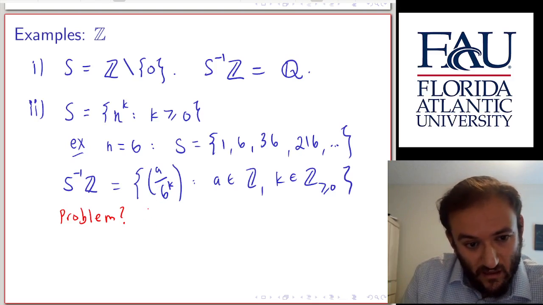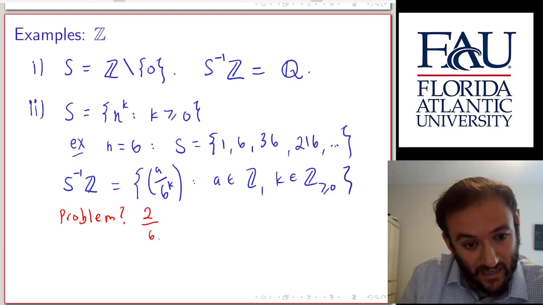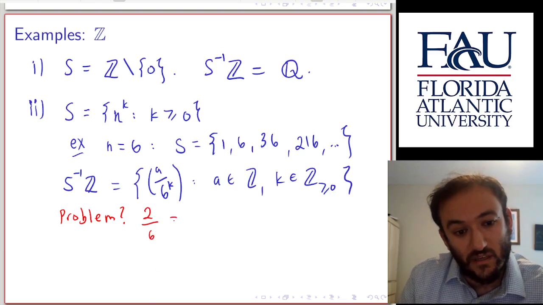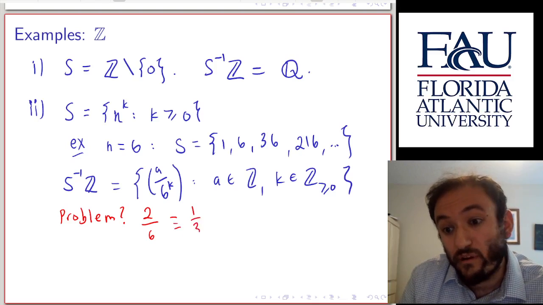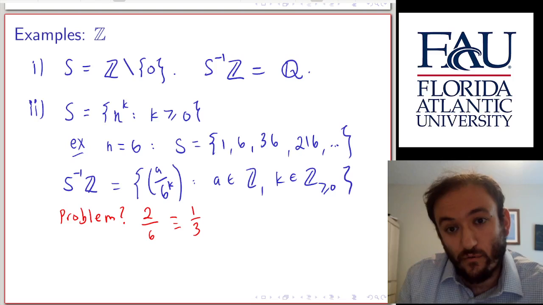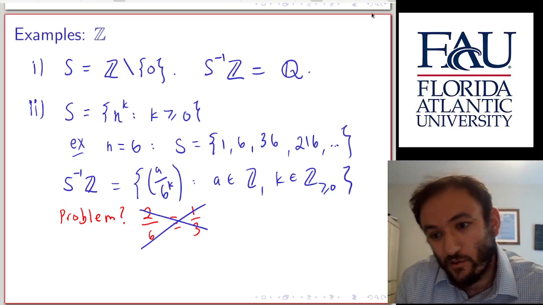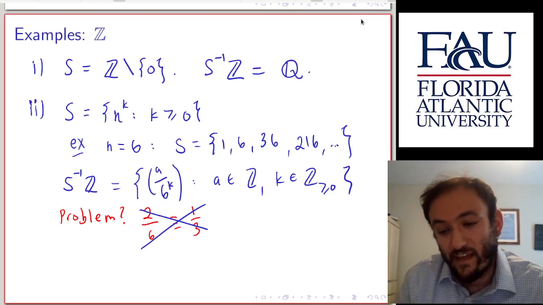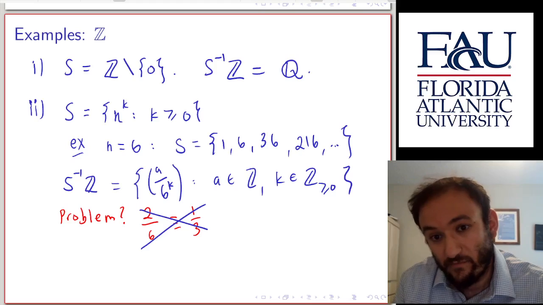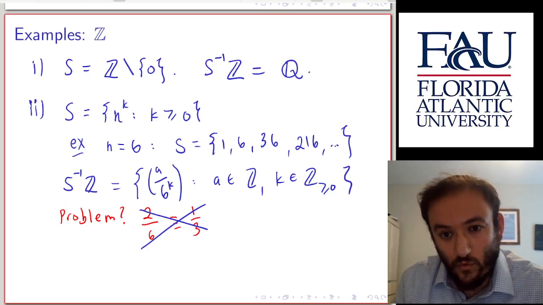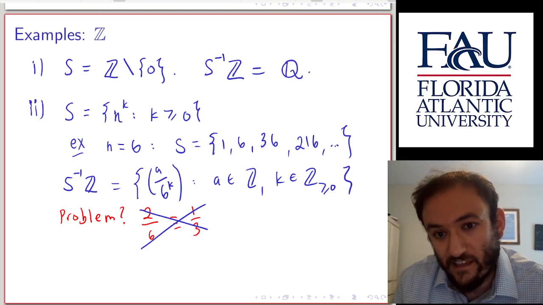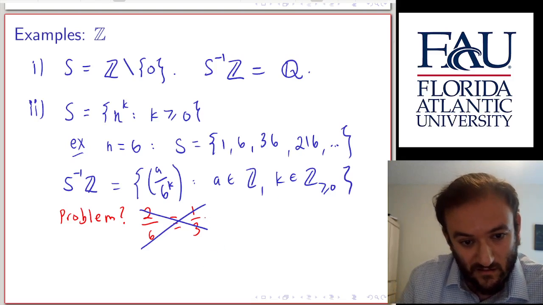So we could say 2 over 6. Well, then this is going to be equal to 1 over 3, right? We can cancel. So I'm going to tell you not to do that, right? Don't do any cancellation. That doesn't make sense for your multiplicative subset, right?